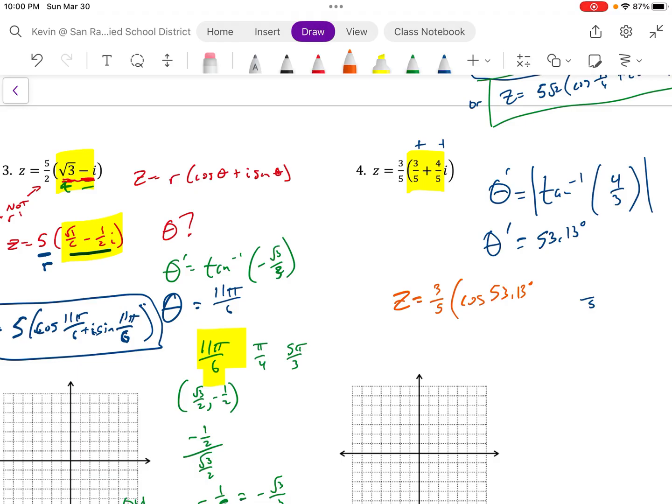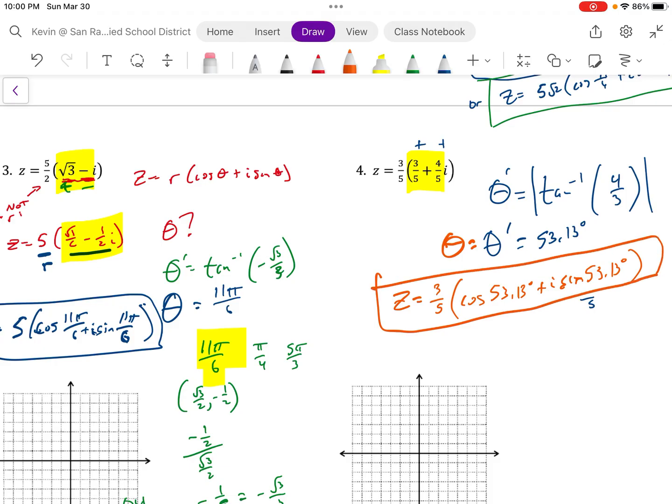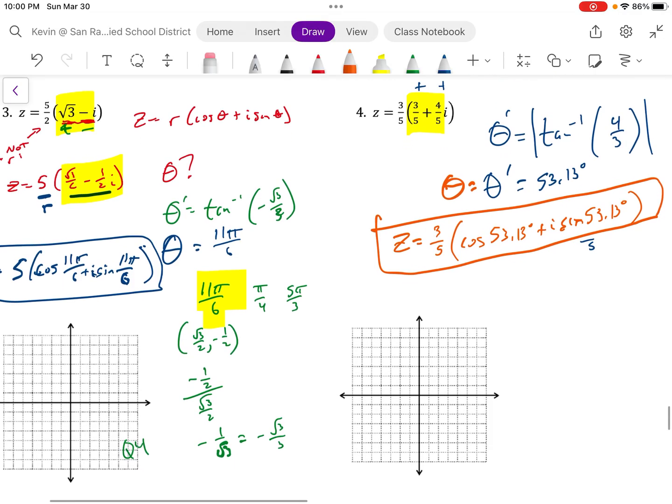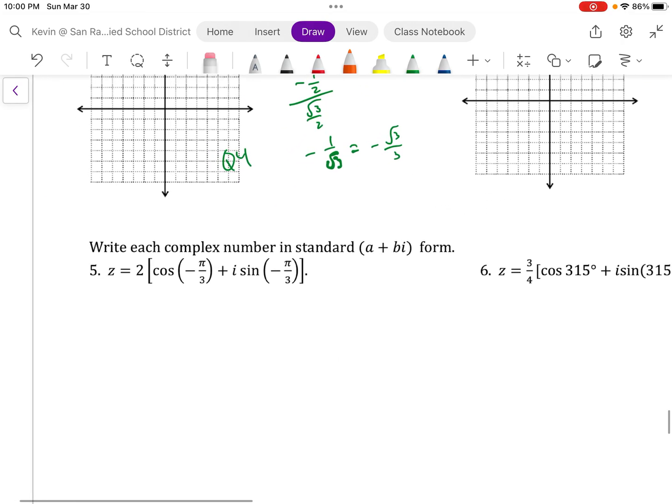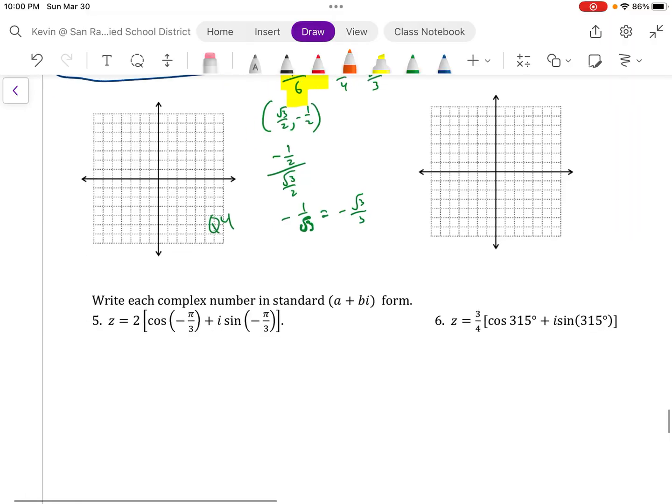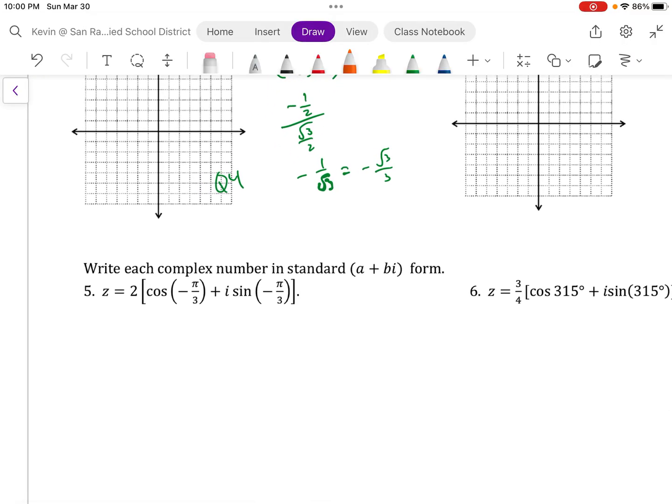It was in the first quadrant, so even though I was doing theta prime, theta equals theta prime. So plus i sine of 53.13 degrees. I think I'm still kind of butchering these a little bit, but you should be able to see what's going on.